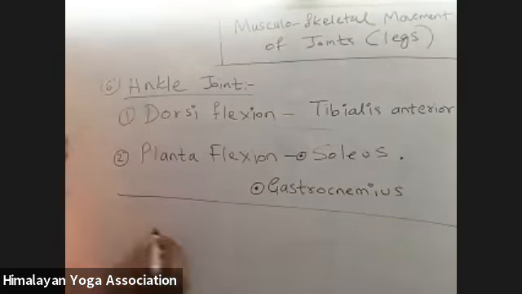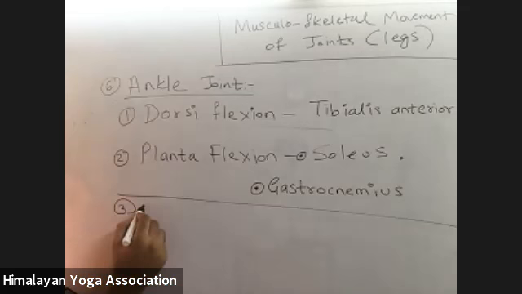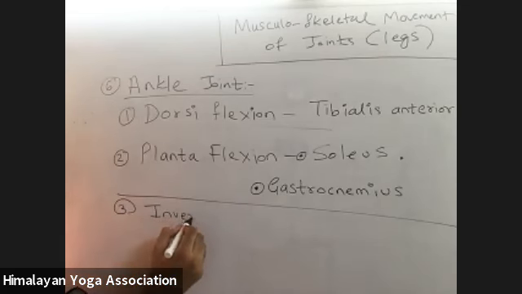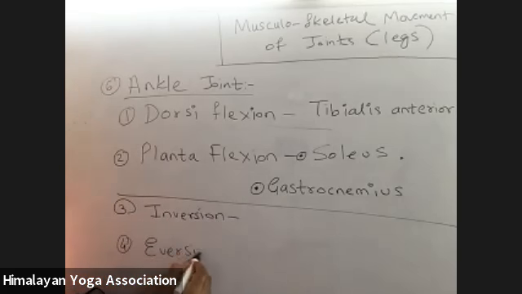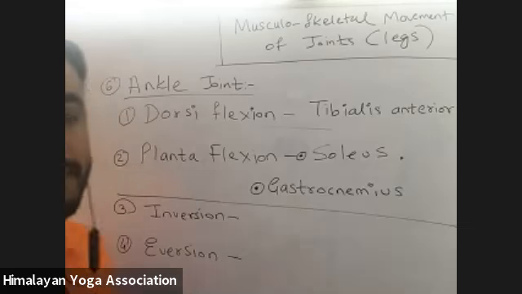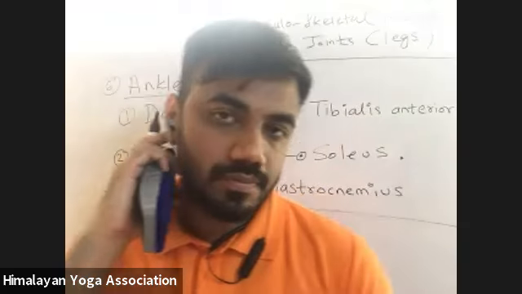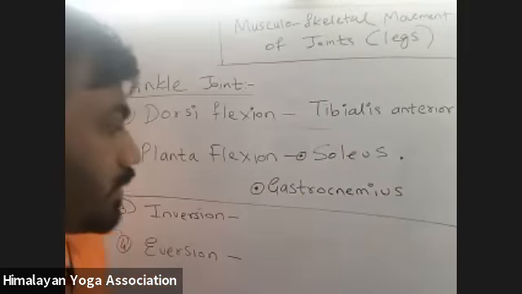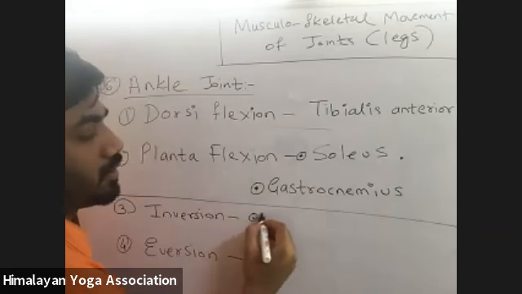What else are the movements of the ankle? We have inversion of the ankle and eversion. What does it mean, inversion? Inversion is when the ankle goes in, and eversion is when the ankle goes out.